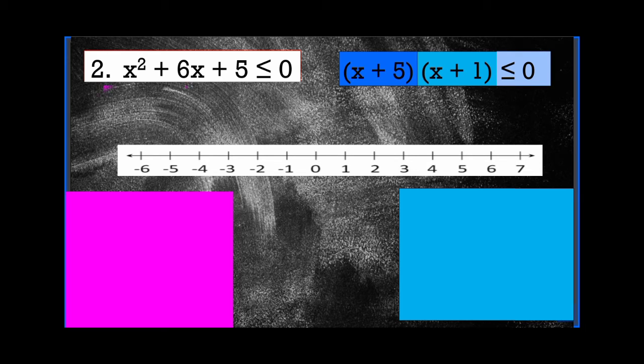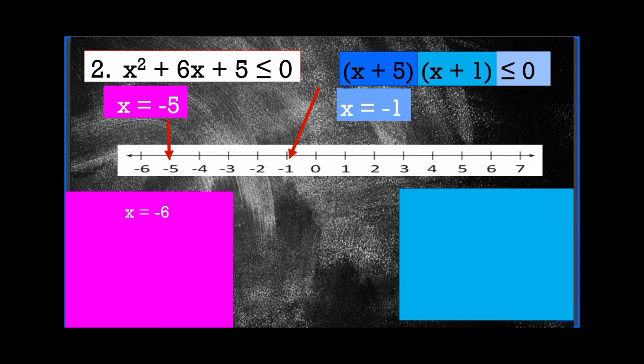So let us locate now the first value of x, which is negative 5. Nasaan siya? So, andito si negative 5 and the second value of x is negative 1. So, asan ngayon si negative 1? Ayan, si negative 1.